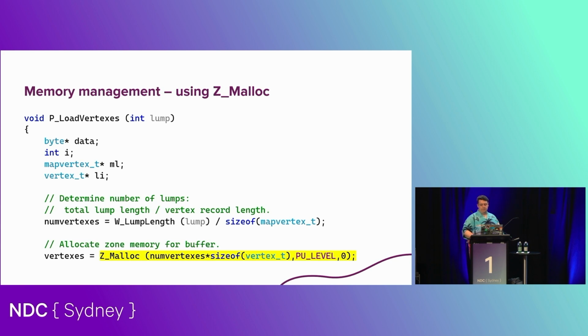When this code was written back in 1992, this level of memory management really was necessary for Doom to perform well on the hardware that was available. It's also more performant than doing malloc and free all the time, because now they just had a big chunk. They could free up chunks of memory.